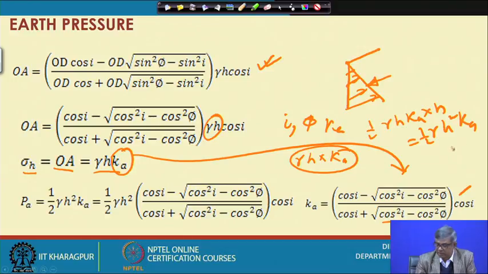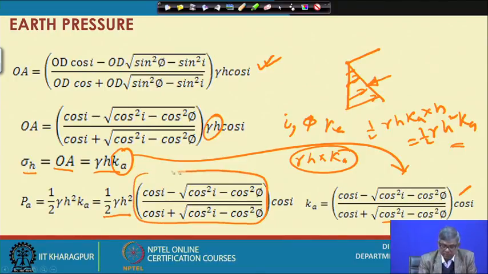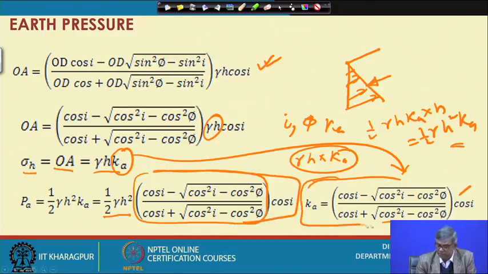So, Ka is nothing but this. You can see here Pa equal to half gamma h square Ka, or half gamma h square multiplied by this, and this is nothing but Ka. So, this is what we are getting when there is a sloping surface, the active earth pressure coefficient expression.